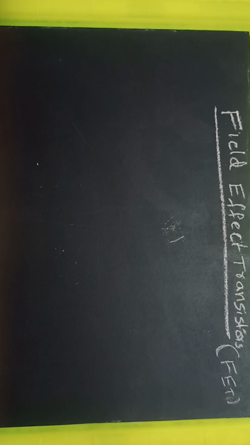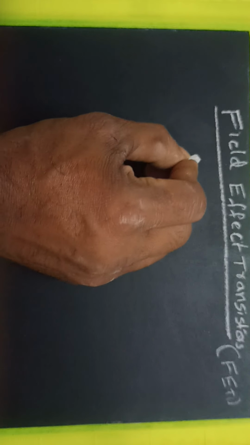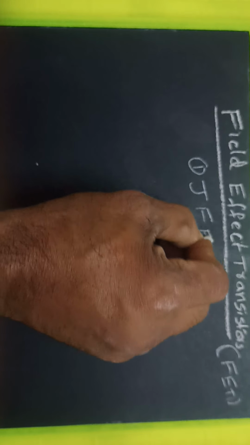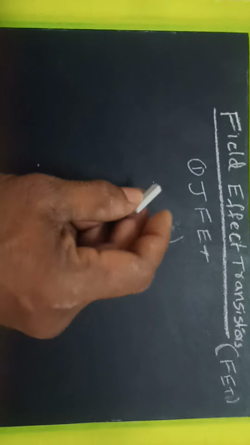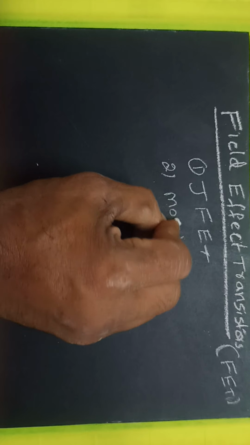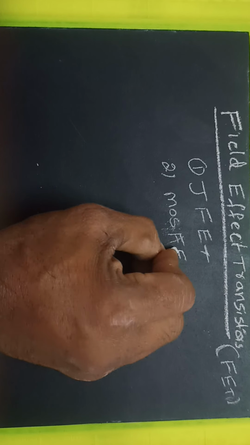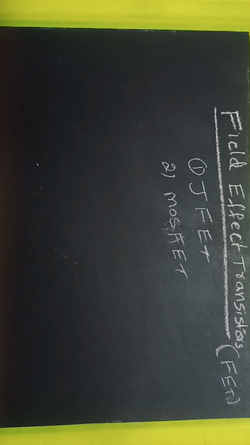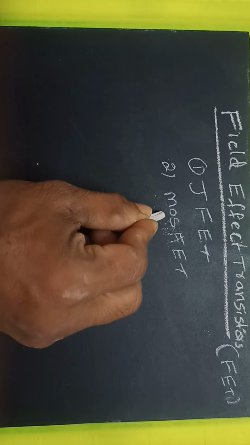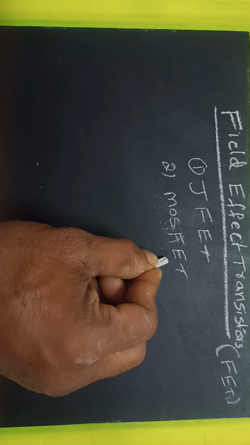So basically, FETs are classified into two types. The first one is JFET, and the second one is MOSFET. JFET means junction field effect transistor, and MOSFET is metal oxide semiconductor field effect transistor.